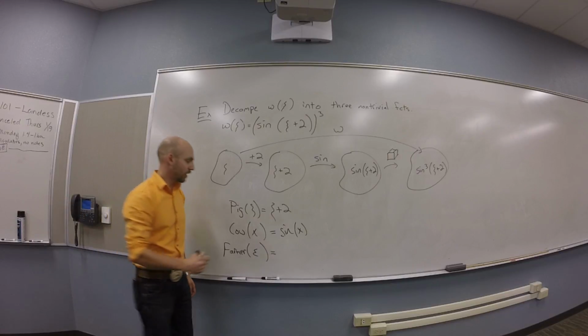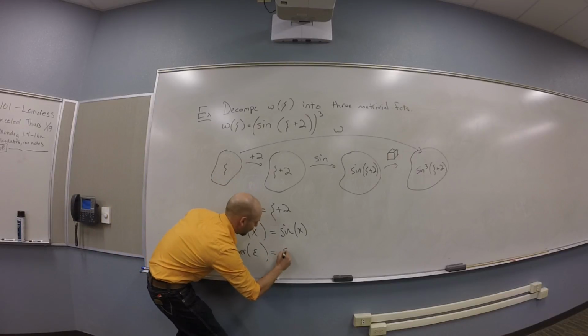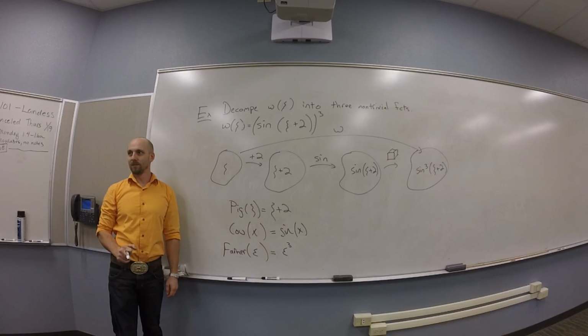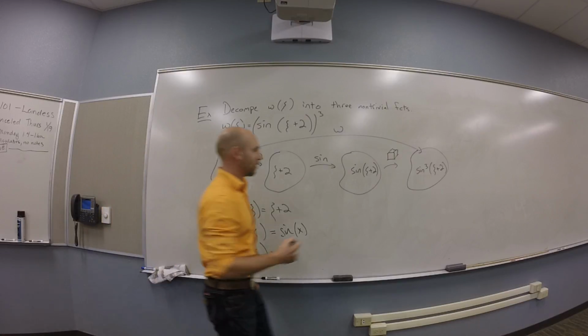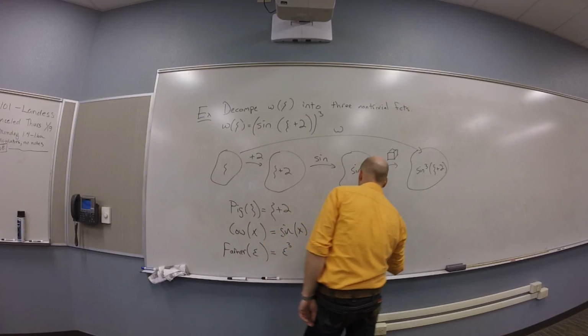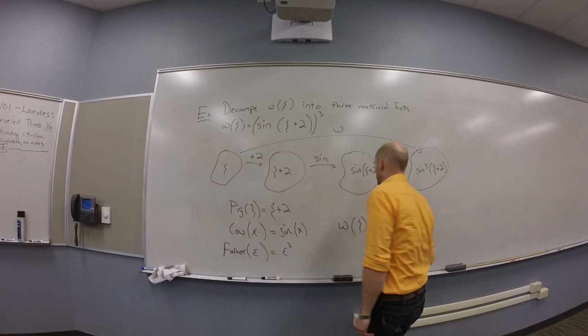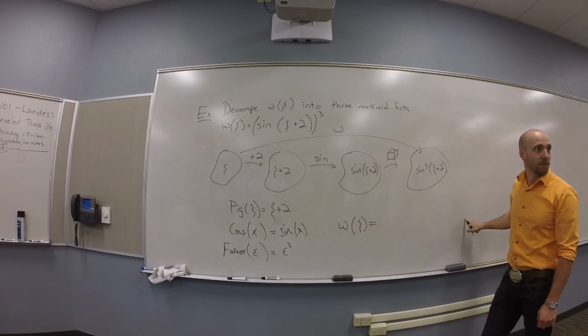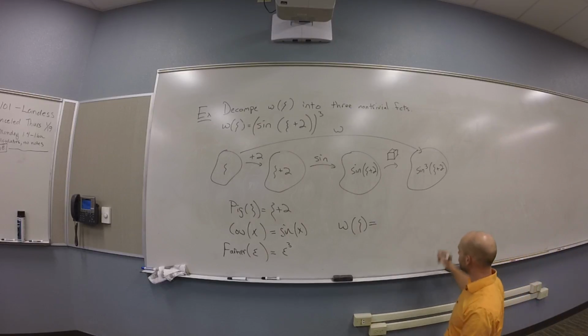Yeah, it cubes things, right? So this is epsilon cubed. And so if I'm going to write W, ultimately I should write W of Cassie as what? So which rule do you do first? Pig over Cassie. Okay, so first things first, I'm doing pig to C, right?